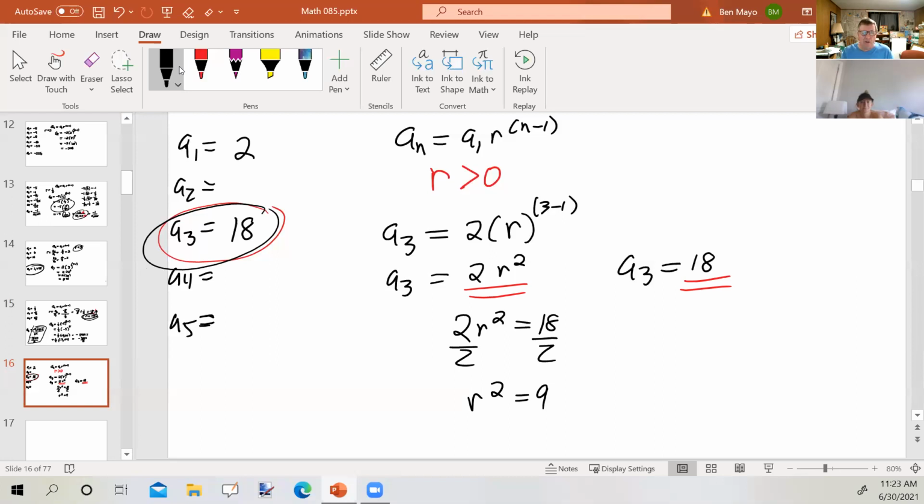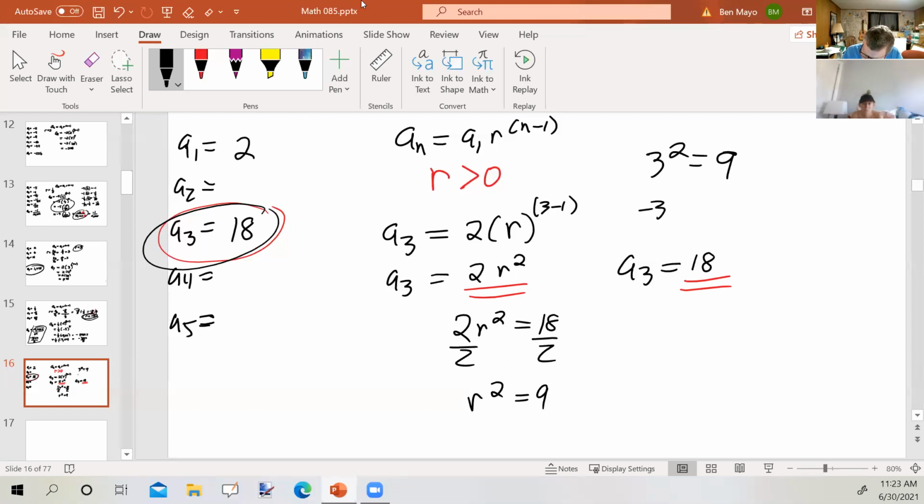But right now, we're going to talk just a little bit about it, just enough to be able to do these kinds of problems. Think about this. What squared equals 9? Well, 3 squared equals 9, doesn't it?